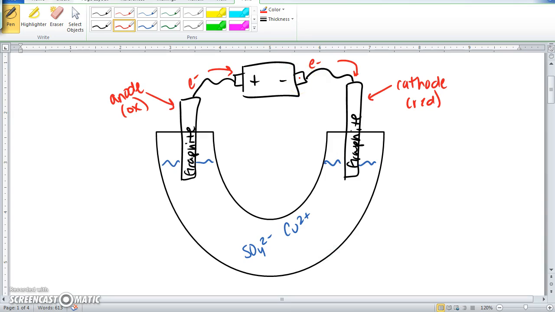So now we can start to talk about what observations we saw as the reaction took place. At the cathode, when you investigated the electrode at the end, you noticed there was a solid orangey red color at the bottom. Now at the anode, we saw bubbles, which meant there was a gas produced.